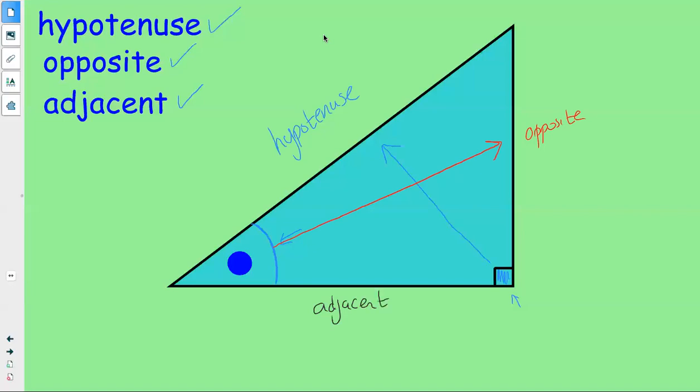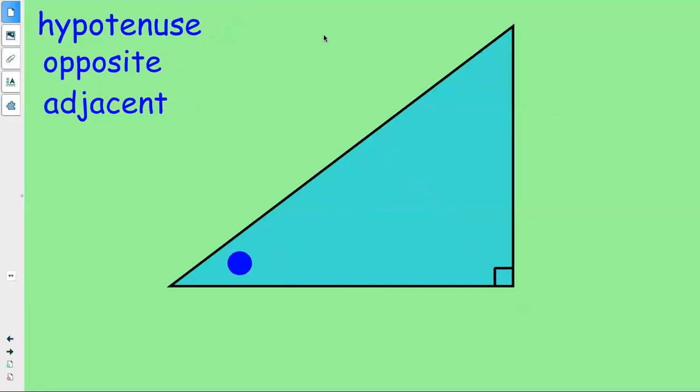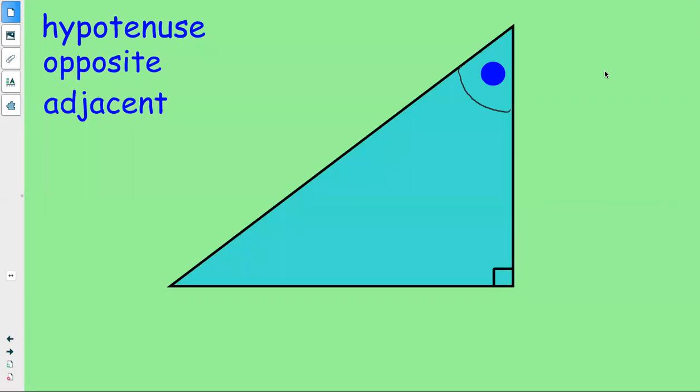However, if you change the angle in question, the angle that you've been given or the angle that you have to work out, these sides may change. So let's have a look at that. I'm going to the next slide, and you can see that the angle in question is now up here. Across from the right angle is still going to be your hypotenuse.